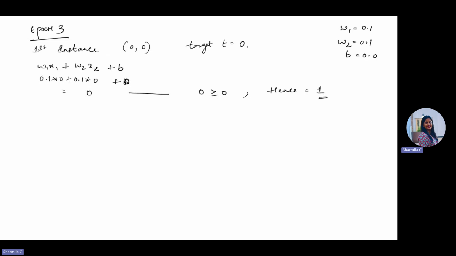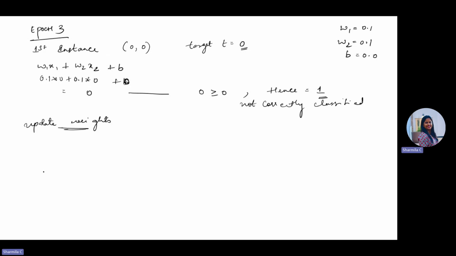Since this 1 is not equal to the target output, it is not correctly classified. So what do we need to do now? We need to update the weights. Fine.